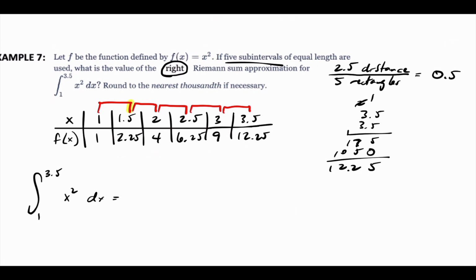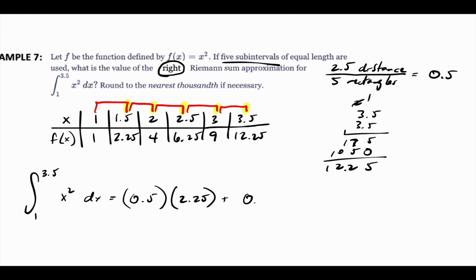So the right side, I'll highlight in green or yellow the right side for each. First rectangle is going to have a width of 0.5, a height of 2.25. Second rectangle is going to have a width of 0.5, a height of 4.